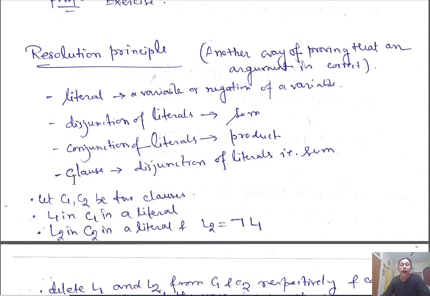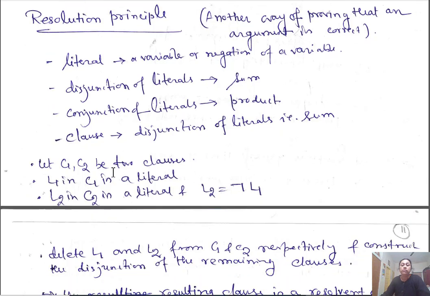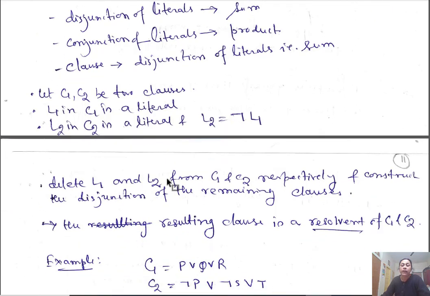Suppose you have two clauses C1 and C2, and a literal L1 is a literal in C1 and L2 is a literal in C2, such that L2 is the negation of L1.